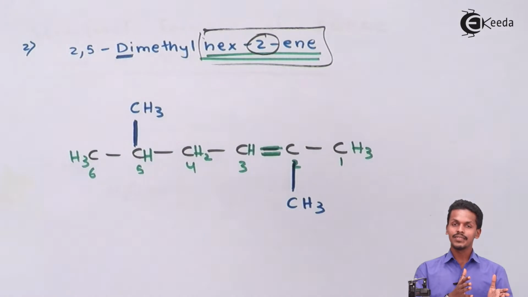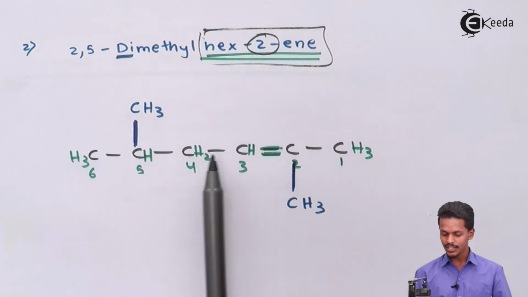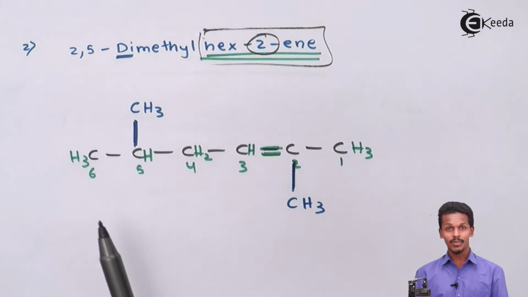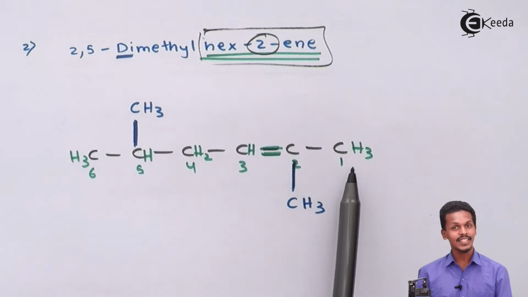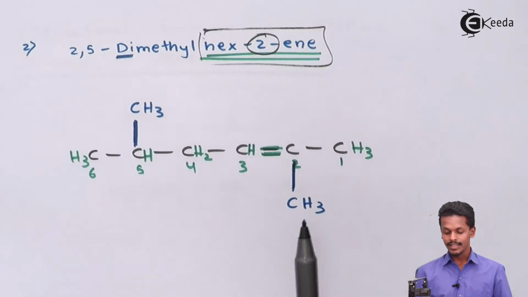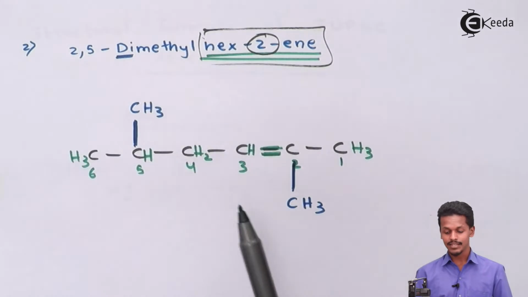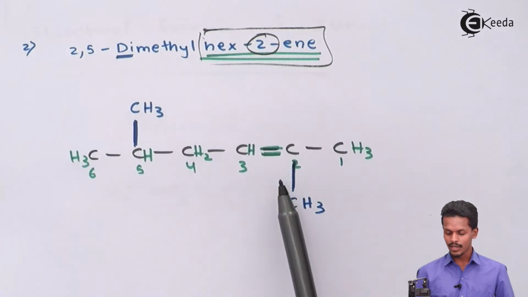And let us check whether we are following the IUPAC rules or not. Again, the same thing that we did, we have selected the longest chain. Suppose in this case I am seeing a longest chain, and I will number it. So numbering can be left to right or right to left. In this case, I have numbered it from right to left. On the second position, I could see that a methyl group is present. Again, on the fifth position, a methyl group is present.